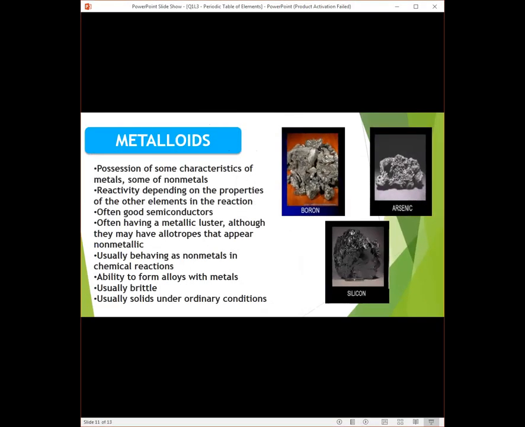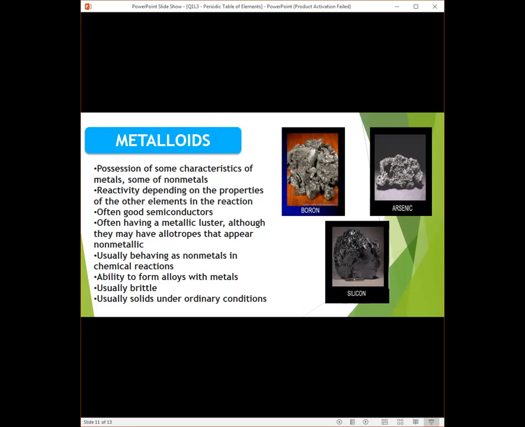Now, for the next classification or group, we have metalloids, also known as semi-metals. So these elements possess or show partly the characteristics of metals and partly the characteristics of nonmetals. That is why they are known as semi-metals. Their reactivity depends on the properties of the other elements in the reaction.